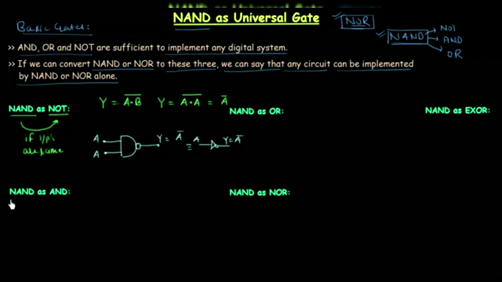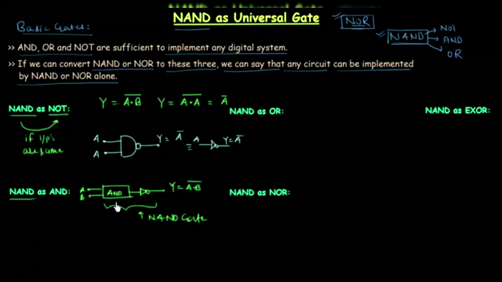Now we will implement AND gate by using the NAND gate. And if you remember the NAND gate presentation, I told you we obtain NAND gate by complementing the output of AND gate. If we have AND gate, and if we complement the output of AND gate, then this will work as NAND gate, A and B and its whole complement.